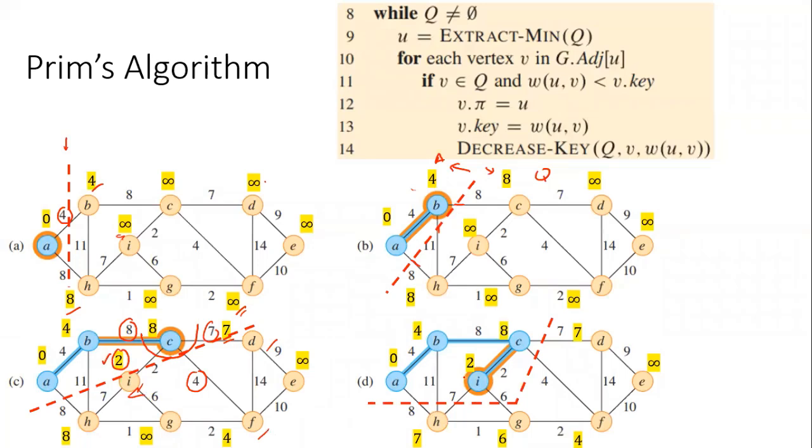We extract that from the heap, and so V minus A becomes smaller. Similarly, now this is the new edge, and now we look at the least cost edge on all of these edges. And that happens to be, well, there are a couple of them. Well, no, actually there's only one, which is 4.